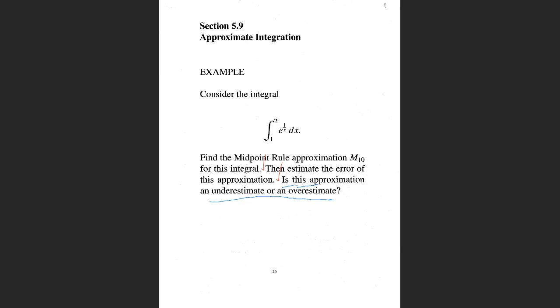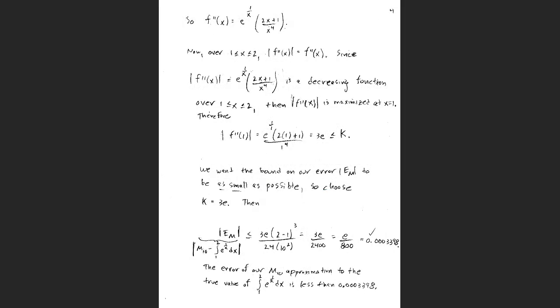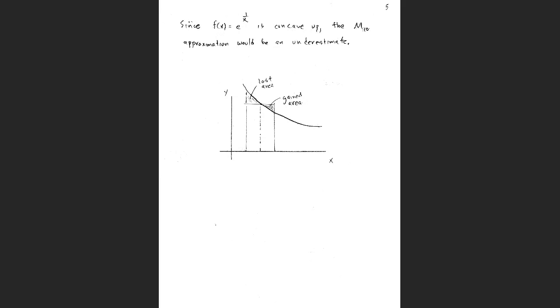Either the approximation would have to be an underestimate or an overestimate. So how are we going to determine that? Well, here is the key. We want to look at our function f of x equals e to the 1 over x.